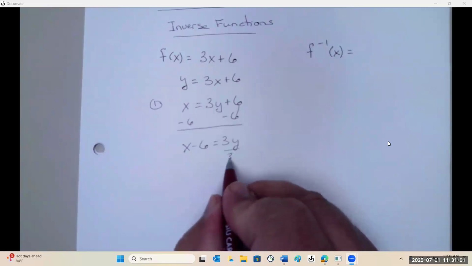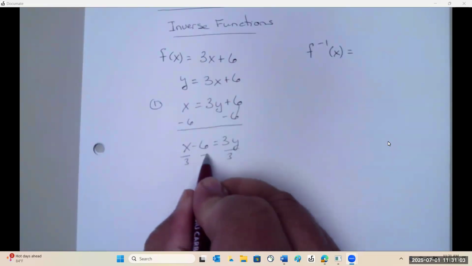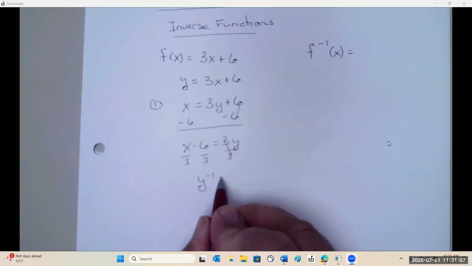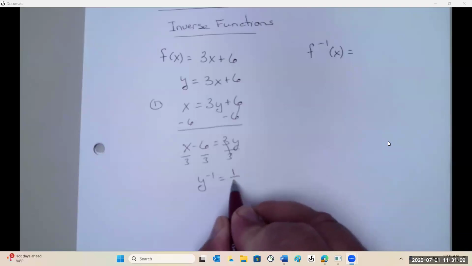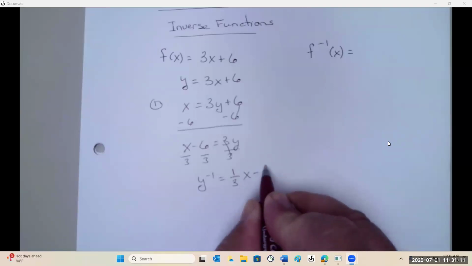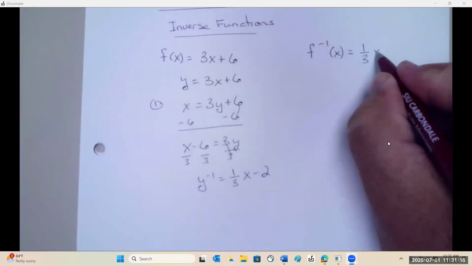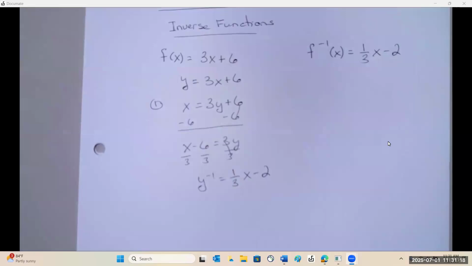And then divide by 3, each term separately. Make sense?